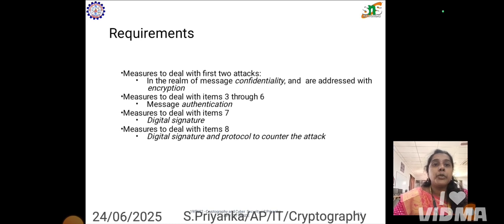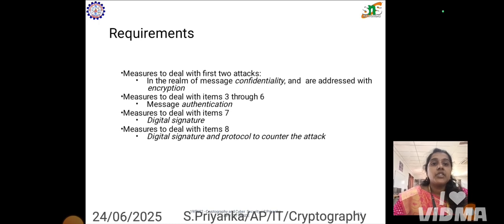First, measures to deal with the first two attacks are in the realm of message confidentiality, and they are addressed with encryption. Next is measures to deal with items 3 through 6, which is message authentication. Next is measures to deal with item 7, that is digital signature.